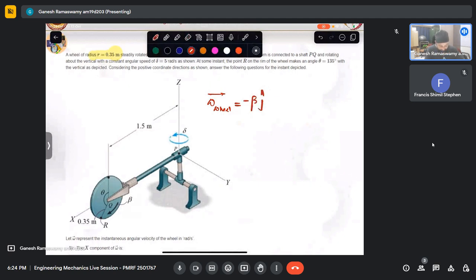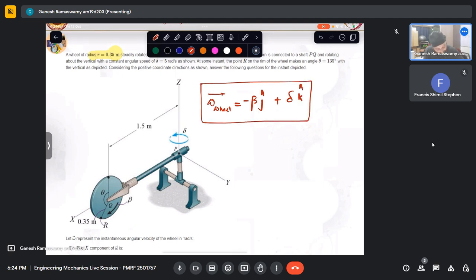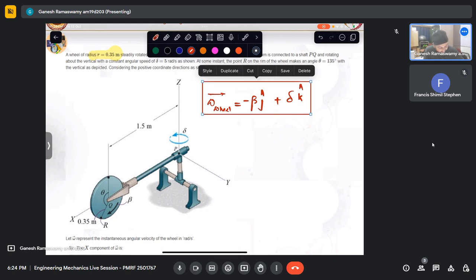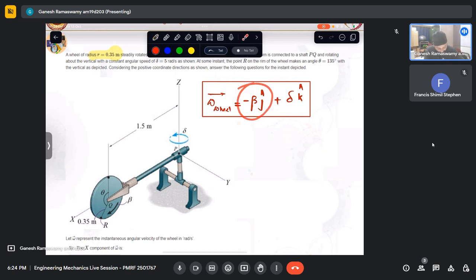And then due to this change, it also has a rotation about the vertical, which is nothing but plus delta k cap. So this is the total angular velocity vector of the wheel. This accounts for its change about Q, and then the axis itself is changing. So this has to be brought in to account for that.